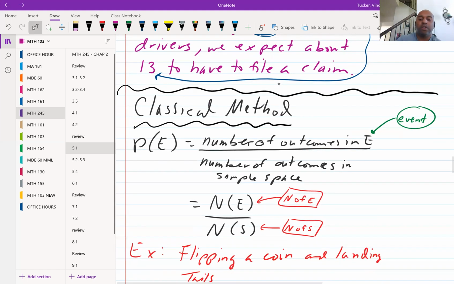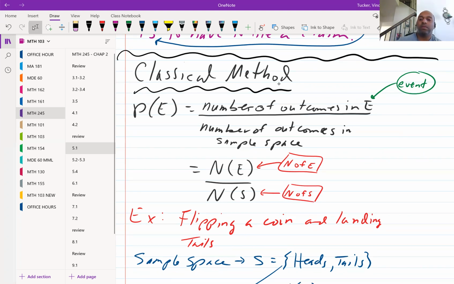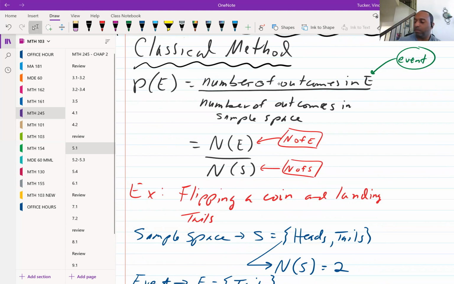All right, so let's try it out. We can use the flipping the coin example: the probability of landing tails. First thing you want to do is establish your sample space.